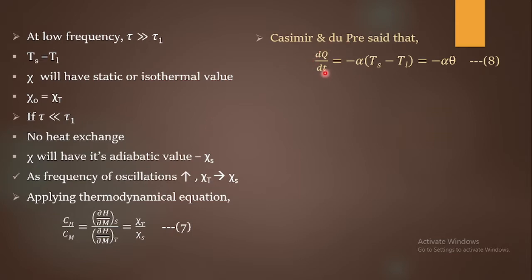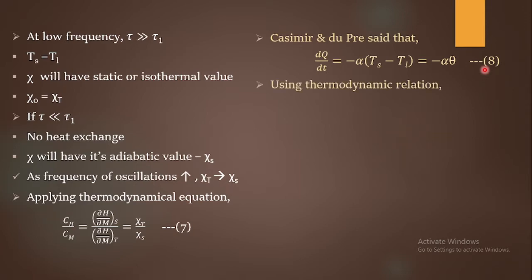So dQ by dt is directly proportional to Ts minus TL, which we can write as dQ by dt equals minus alpha into Ts minus TL, where alpha is the constant which describes the degree of thermal contact between the spin system and the lattice. Here this temperature difference is taken as theta. Let us call it equation number 8 for further simplification.